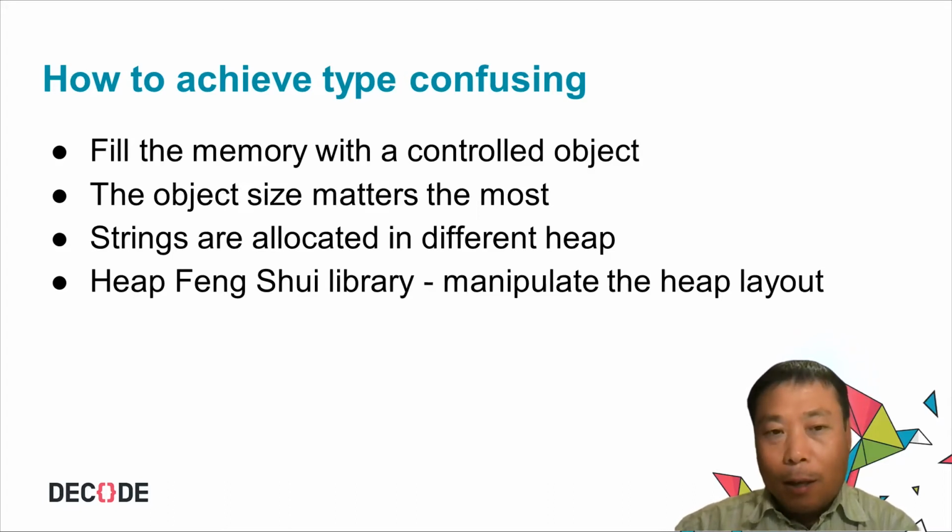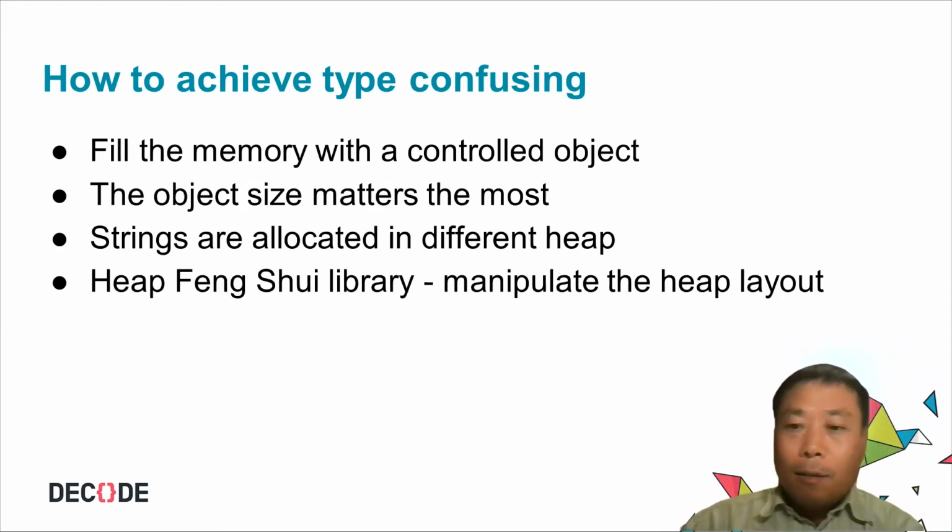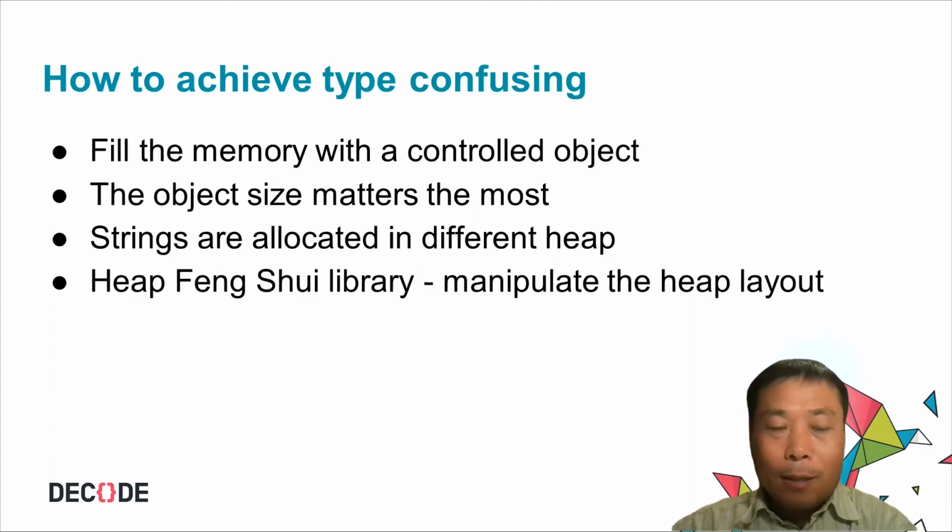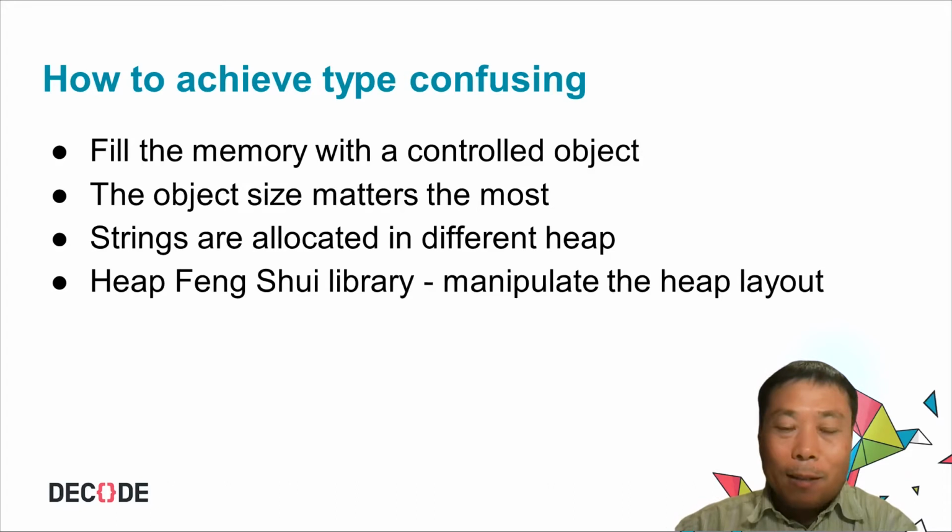But actually, strings are allocated in a different heap, and it will never reuse the same memory as the objects. So we still need to find a new type of object with the same size. It's not easy every time.